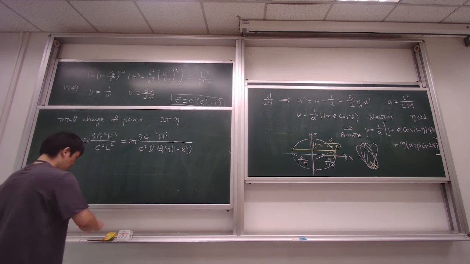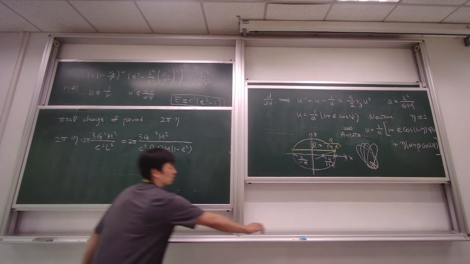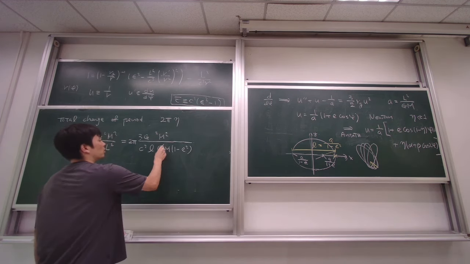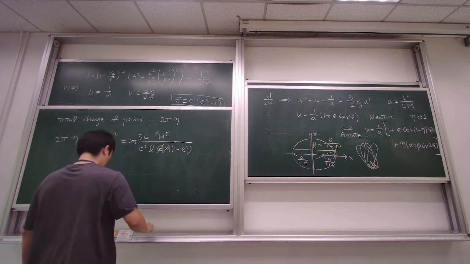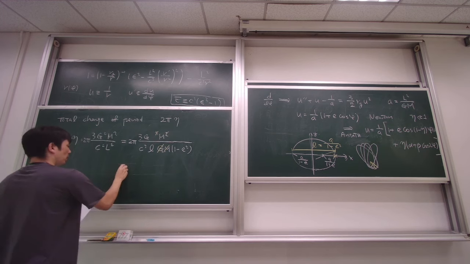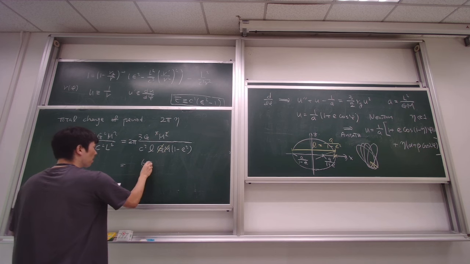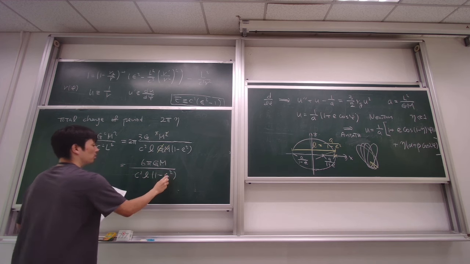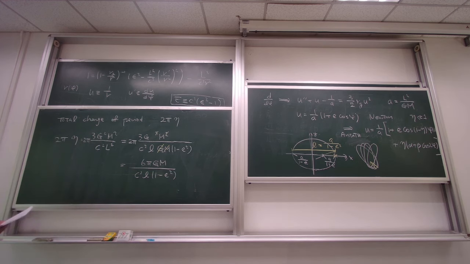And then you can easily see that this one cancels with this one. Okay. So what ends up is the 6 pi. Like this way. Fine. And then all those values, you can easily find the correct value of Mercury.